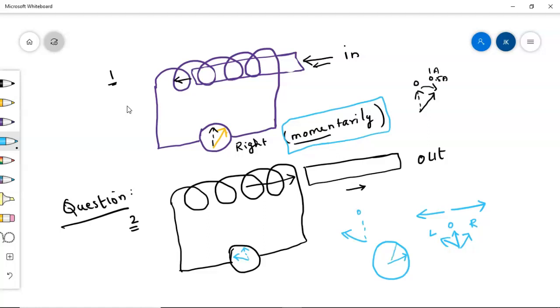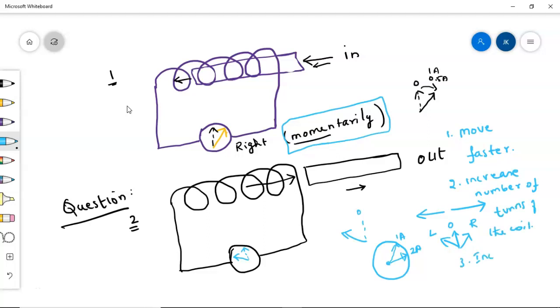Now if you want to make the deflection higher, what do we have to do? Before, the right deflection was 1 ampere, now I want it to be 2 ampere. So what changes can increase the amount of current? It's very simple: move the magnet faster. Another one, increase the number of turns of the coil.